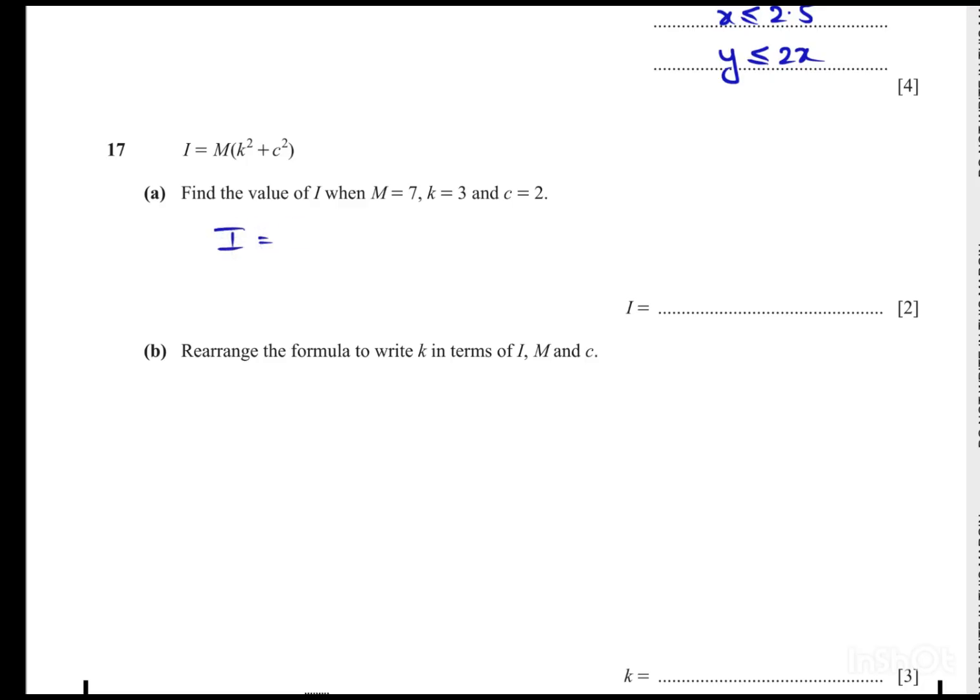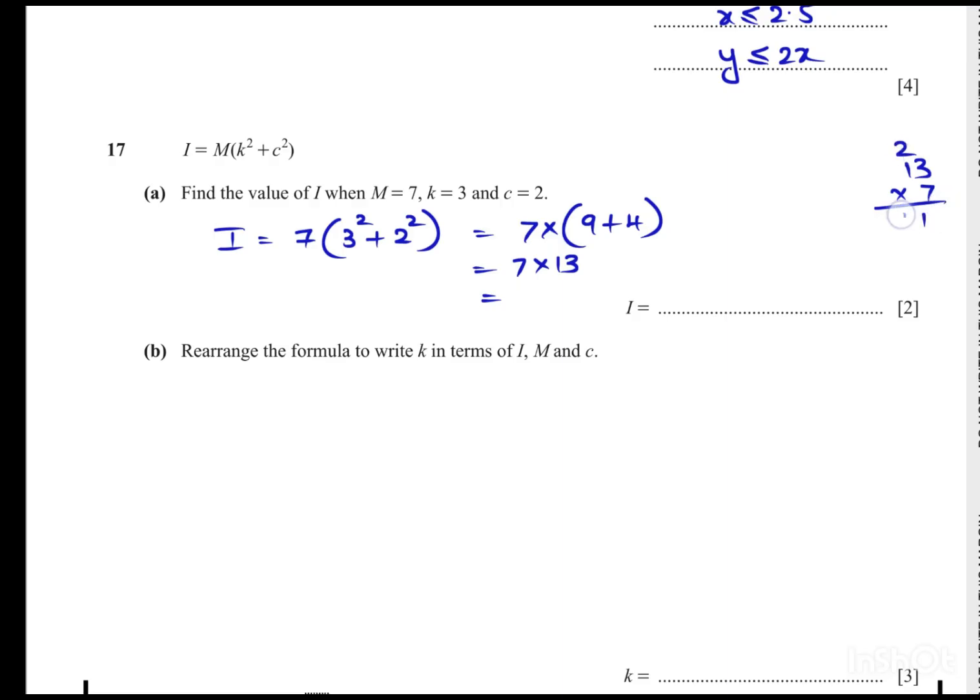I is equal to 7 into 3 squared plus 2 squared. So 7 into 9 plus 4, which is 13. 7 into 13 is 91. So I is 91 here.